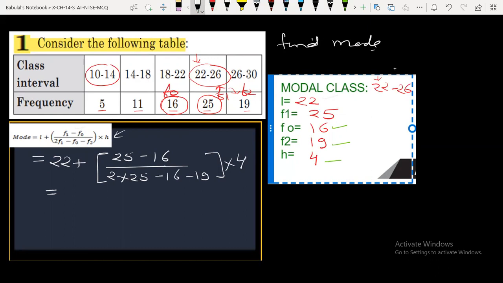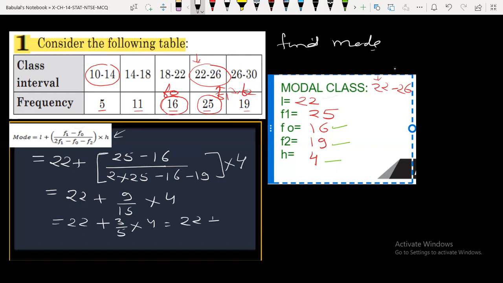So on putting the values, we can write 22 plus 9 upon 15, into 4. Again, we can write 9 upon 15, that is 3 3s are 9, 3 5s are 15, and into 4.